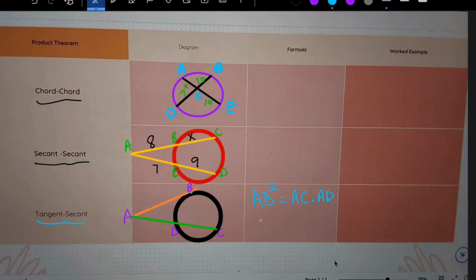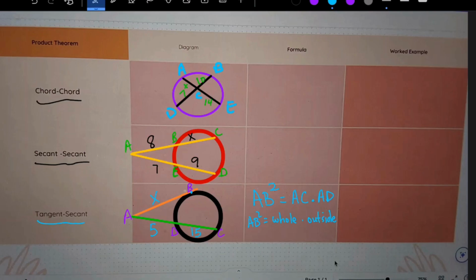So it's similar to what we did above. AB squared is equal to the whole times the outside. Let's look at an example. So AB is x, and we have here being 5 and in here being 15, and we need to solve for x.